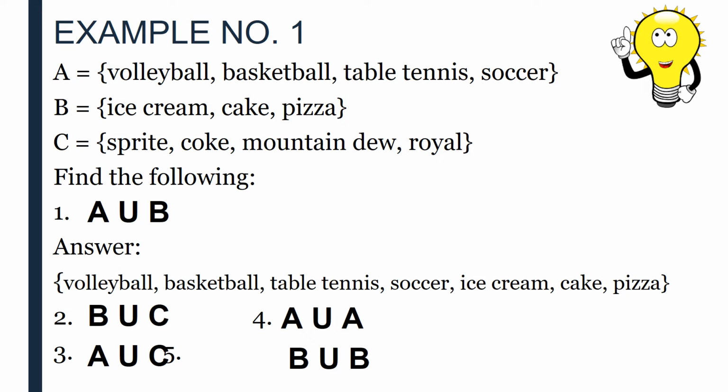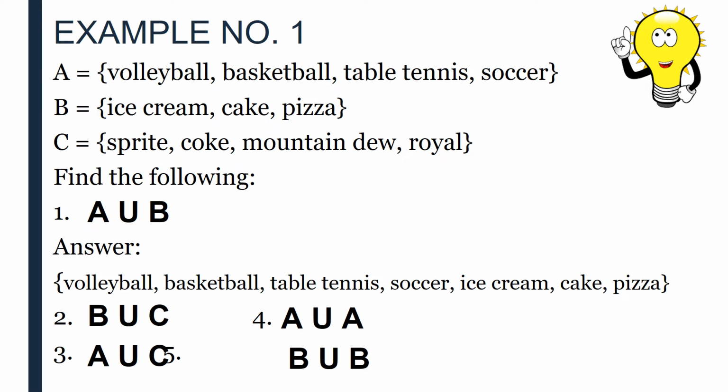For number 2, set B, union of set C. So, sa set B, pagsasamahin din natin yung elements sa set C. So, yung magiging sagot natin, ice cream, cake, pizza, Sprite, Coke, Mountain Dew, and Royal.